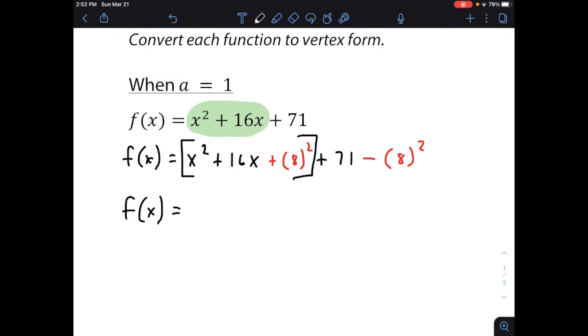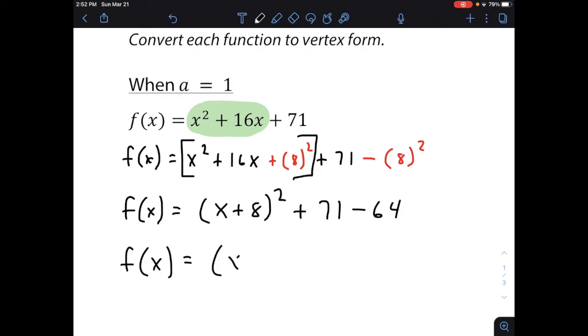We can write this as x plus 8 squared plus 71 minus 64, because 8 squared is 64. Okay, and then I can simplify 71 minus 64, so I can write this as f of x equals x plus 8 squared plus 7.